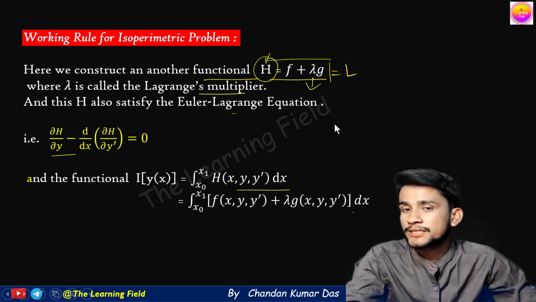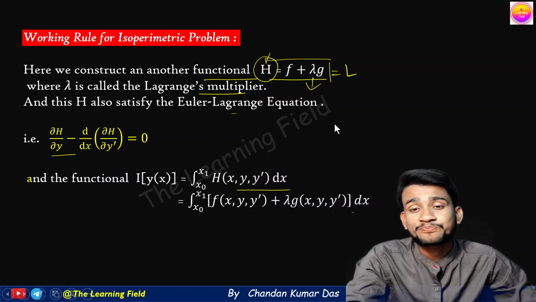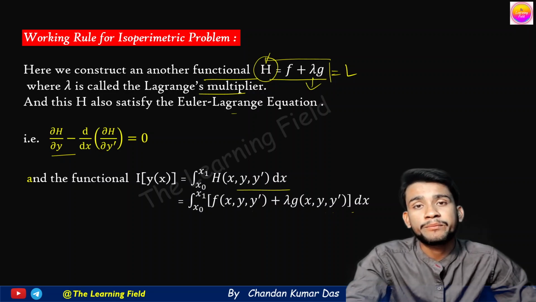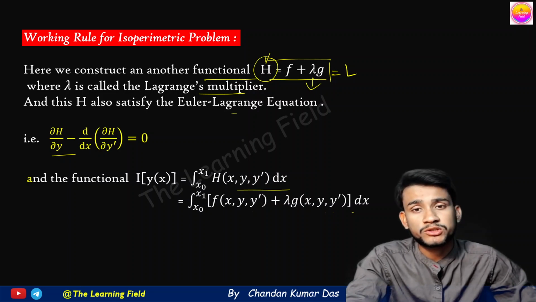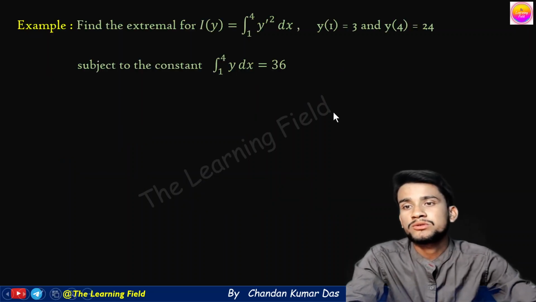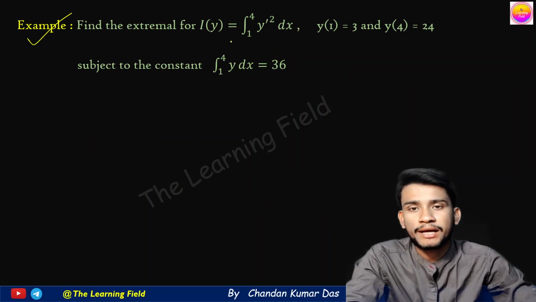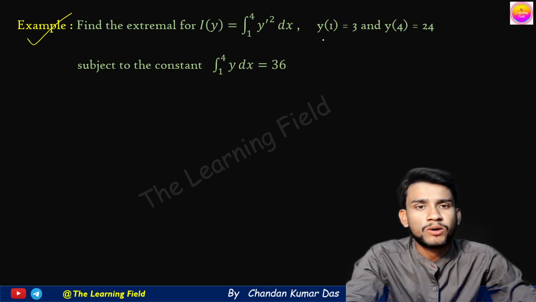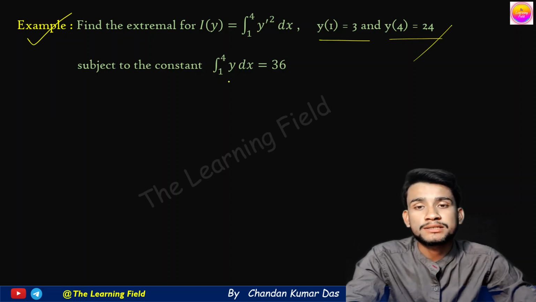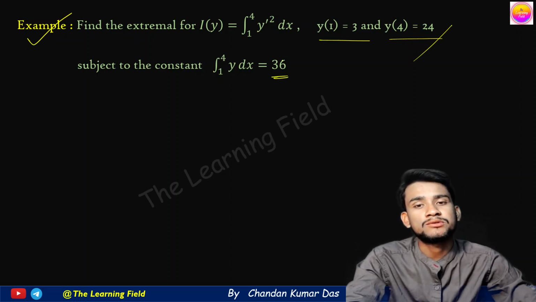Okay, so let us take an example to see how we can solve the isoperimetric problem, and you can take this example as the working procedure or working rule. The example says: find the extremal of I equal to the integral from 1 to 4 of y' squared dx, where y(1) equal to 3 and y(4) equal to 24, subject to the constraint integral from 1 to 4 of y dx equal to 36.